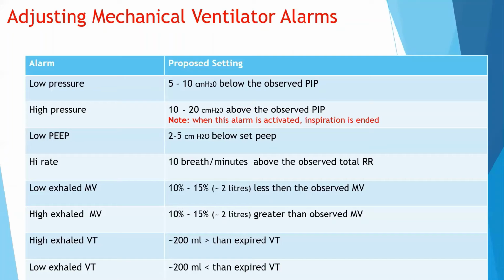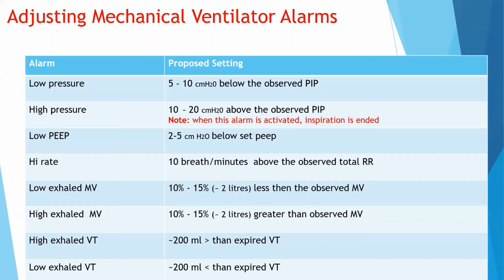Adjusting mechanical ventilator alarms. Alarms are extremely important, as previously discussed. This is a life support machine, and the patient has to be safeguarded at all times. In this table, there are approximate settings for the various alarms that will occur on most ventilators.